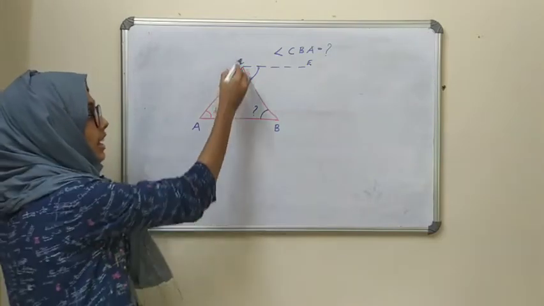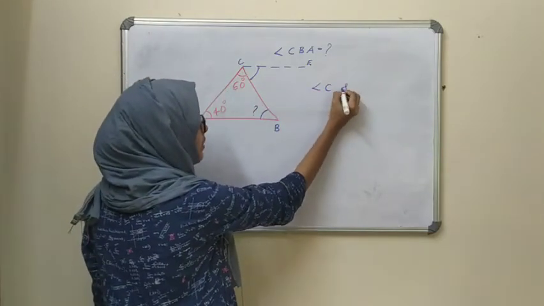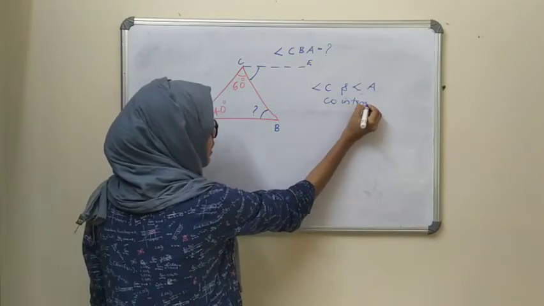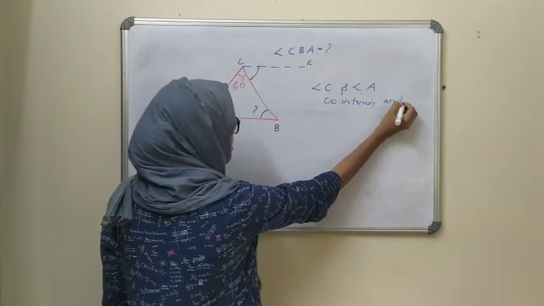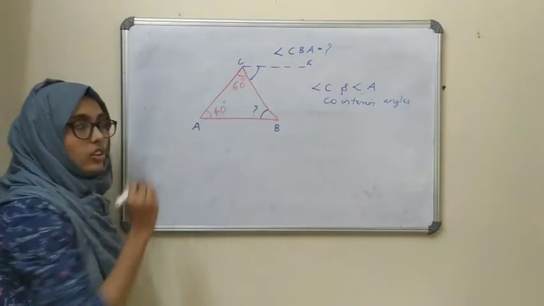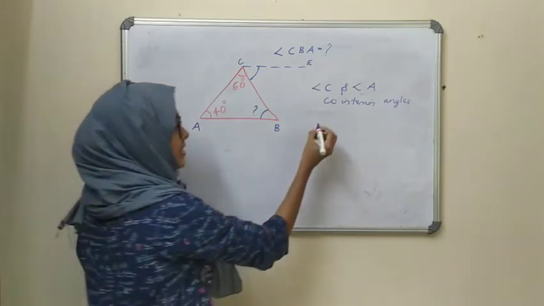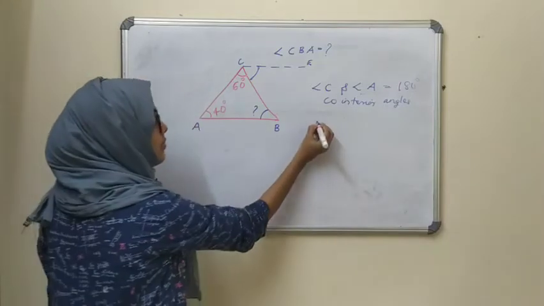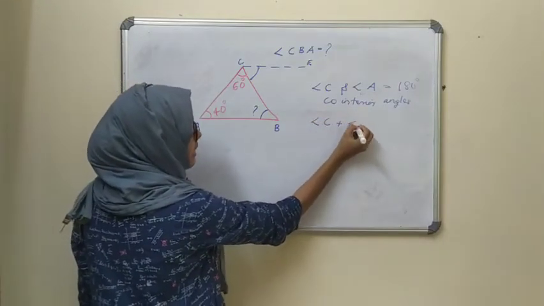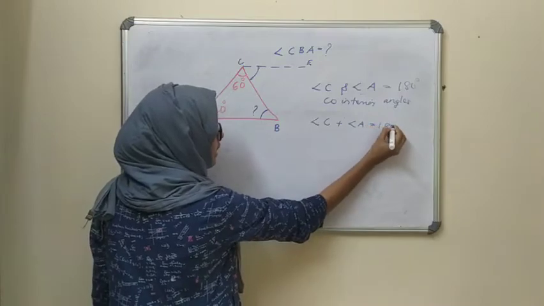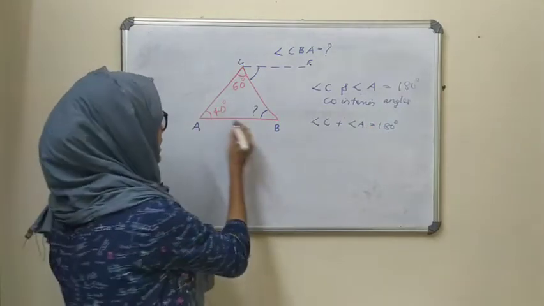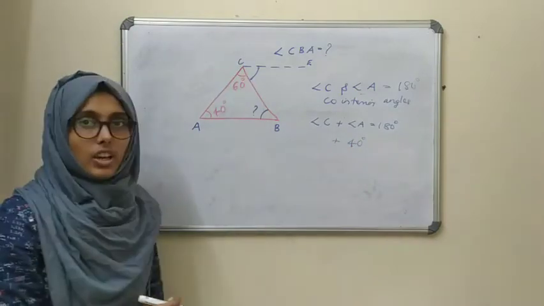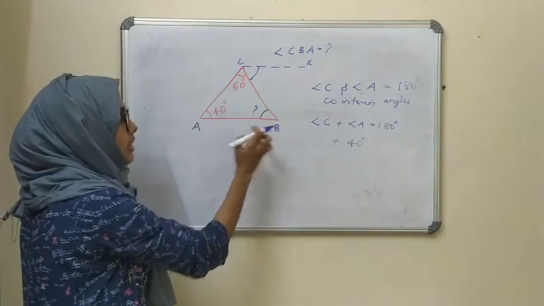We know that angle C and angle A are co-interior angles, isn't it? Their sum is 180 degrees. So angle C plus angle A equals 180 degrees. We know that angle A is 40 degrees, but in the case of angle C, we just know that angle ACB is 60 degrees.